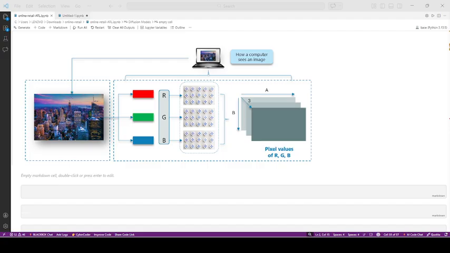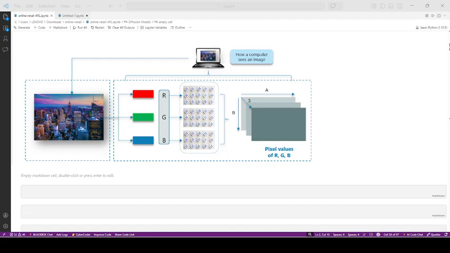Next we shall see what convolutional neural networks actually are. Now we come to the concept: what is a convolutional neural network. These networks are mainly used for handling processing images, predictions or recognition purposes using images.